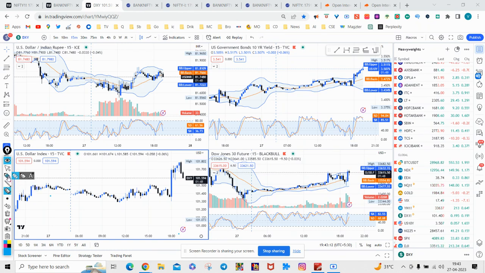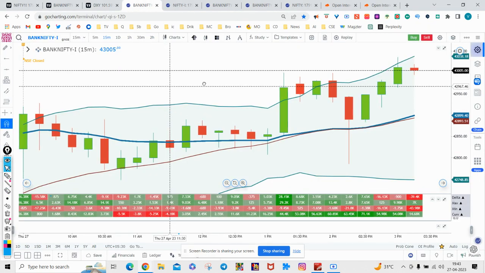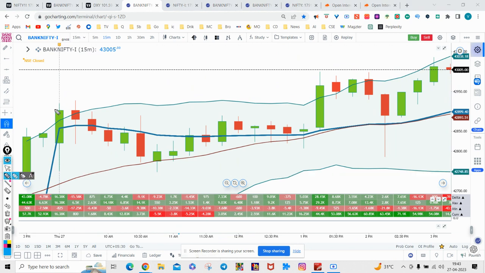Coming to the order flow, we can see here that the first candle has a very good delta, and the candle is also very healthy. Delta is a bit lower in the sense, but it is healthy in the sense that we can trust the uptrend. But the issue is how this order flow has taken place.